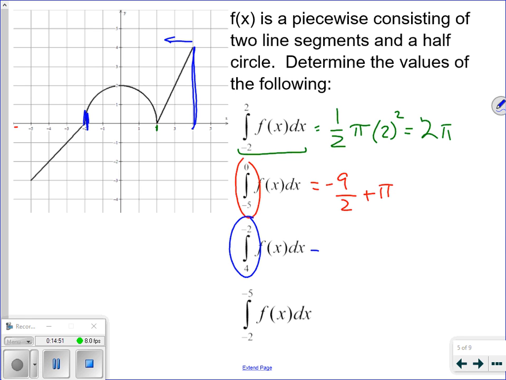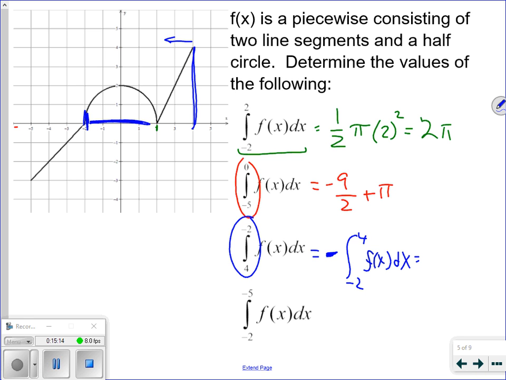Another way I like to write this, so I never mess that up, is I like to flip it so I can always go forward. So I like to say negative area from negative 2 to 4 of f of x dx. I think if you flip it and always make the lower bound on the bottom, and then just change the sign, that will really help simplify some of these problems.